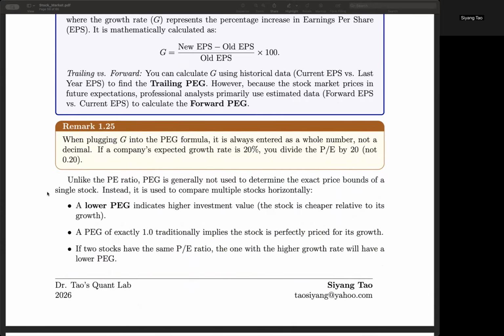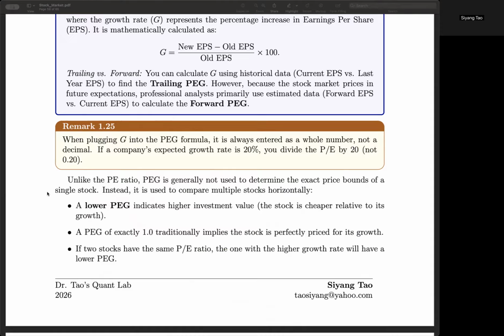Now, unlike the standard PE ratio, PEG is generally not used to determine the exact price bounds of a single stock. Instead, it is used horizontally to compare multiple stocks. There are three main rules of thumb. First, a lower PEG indicates higher investment value.